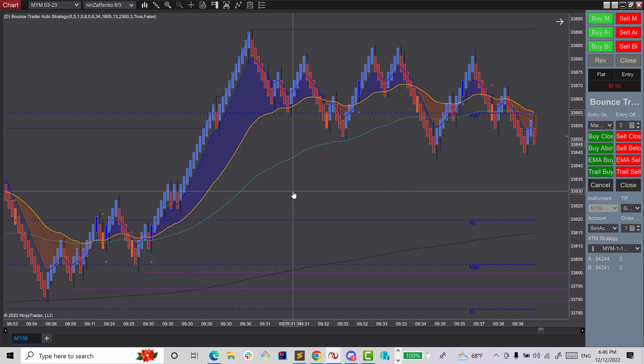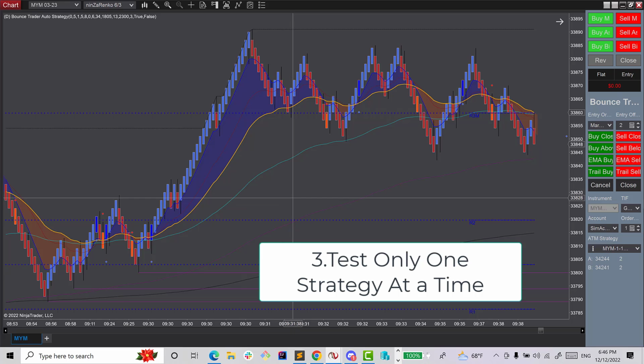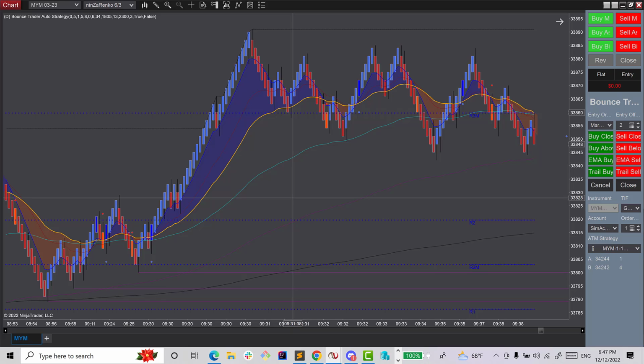The next point is to backtest one strategy at a time. You want to see where particular elements of your strategy work or not. Once you establish that those elements work, you proceed to another one, but only one at a time.